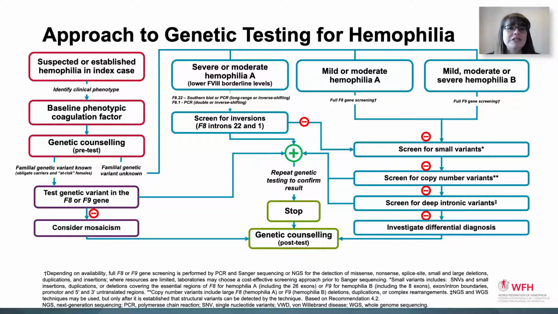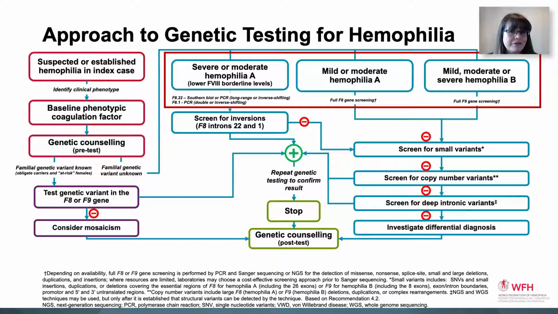The approach to genetic testing for haemophilia varies between different individuals that are referred for genetic testing. In the index cases, when they are referred for genotyping, we want to know their underlying phenotype. This can divide them into different groups, which will then inform the downstream processing for genetic testing.